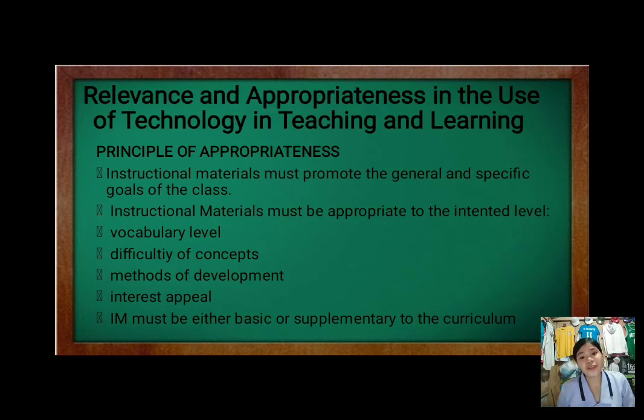So let us proceed to the relevance and appropriateness in the use of technology in teaching and learning. First is the principle of appropriateness. Instructional materials must promote the general and specific goals of the class. Instructional materials are, for example, the e-books given by our teachers for us to study, so that if there is a quiz or questions we can answer them when we meet on Google Meet.